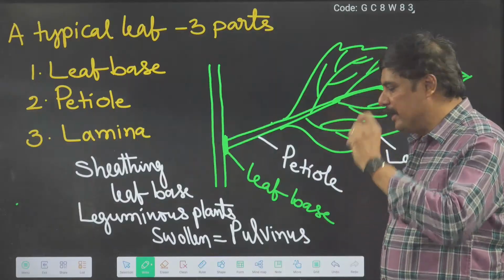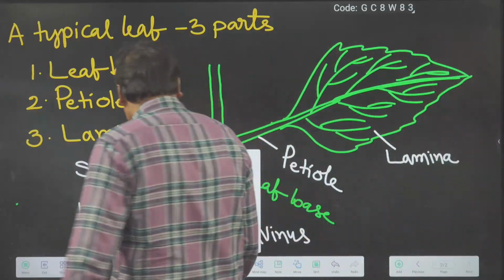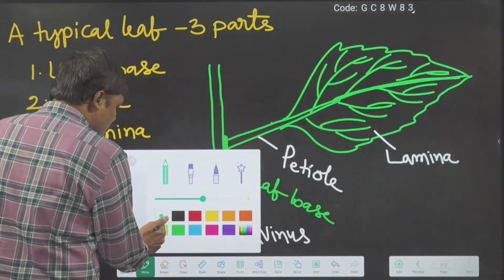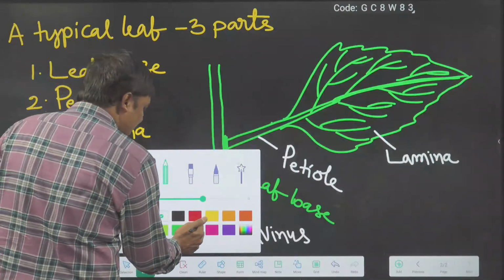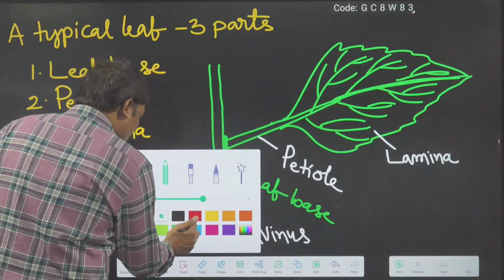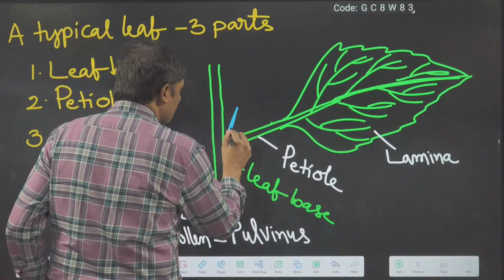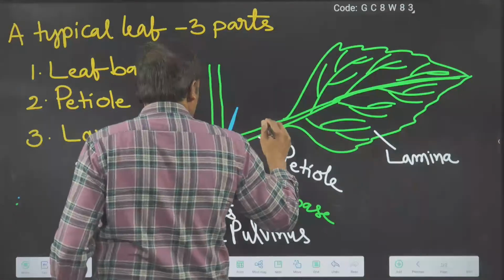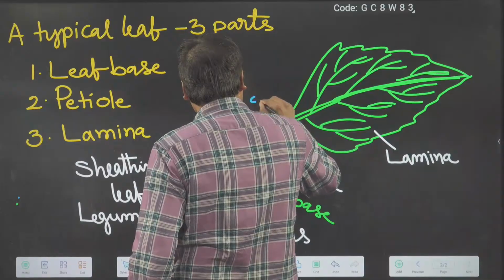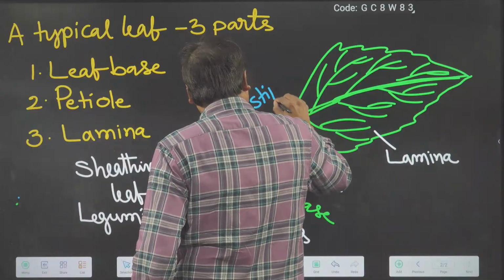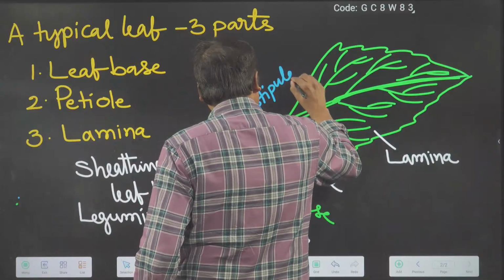From the leaf base, two small leaf-like structures may arise, and those are called stipules. What is a stipule?